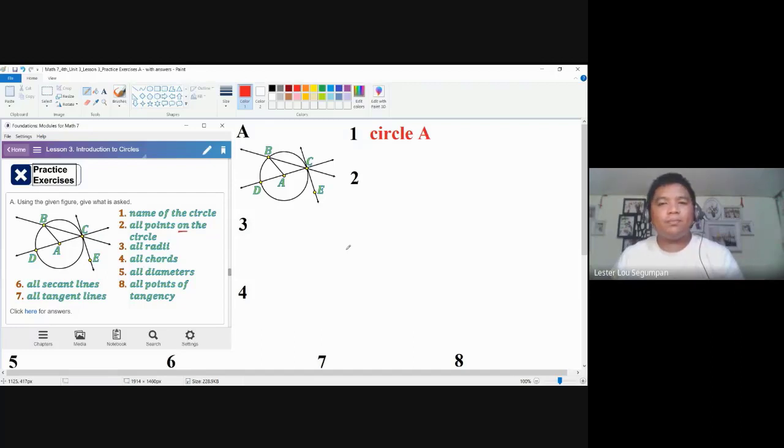But if we talk about points on the circle, we are going to pick the points that are found on the circumference of the circle or that are found on the arcs forming the circle.